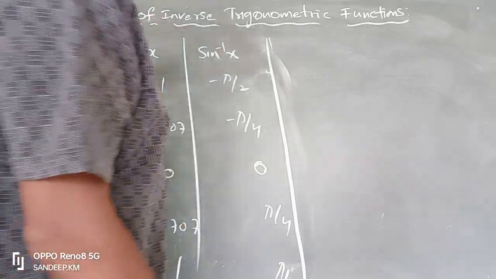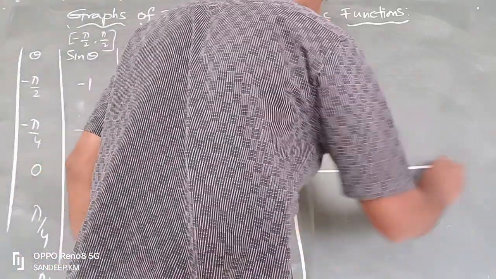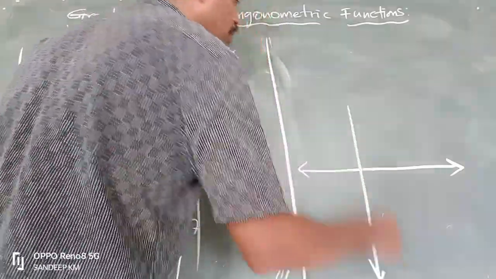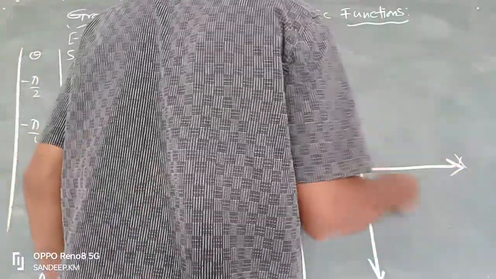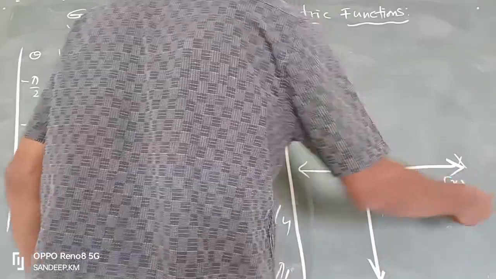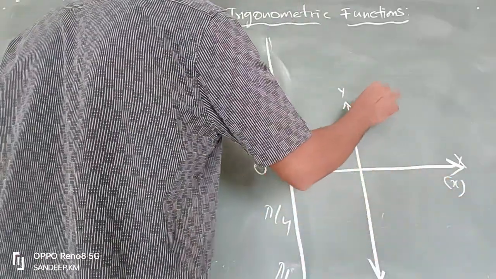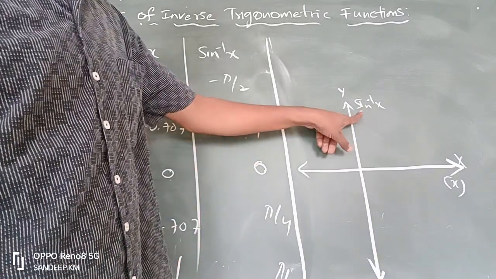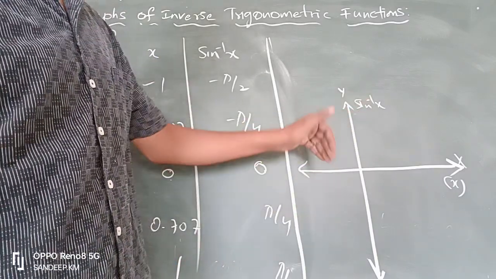Okay now, let me draw the x axis and y axis. On inputs we will take x and in outputs we will take sin inverse x. Remember dear students, input of sin inverse x will be a number and output will be an angle.